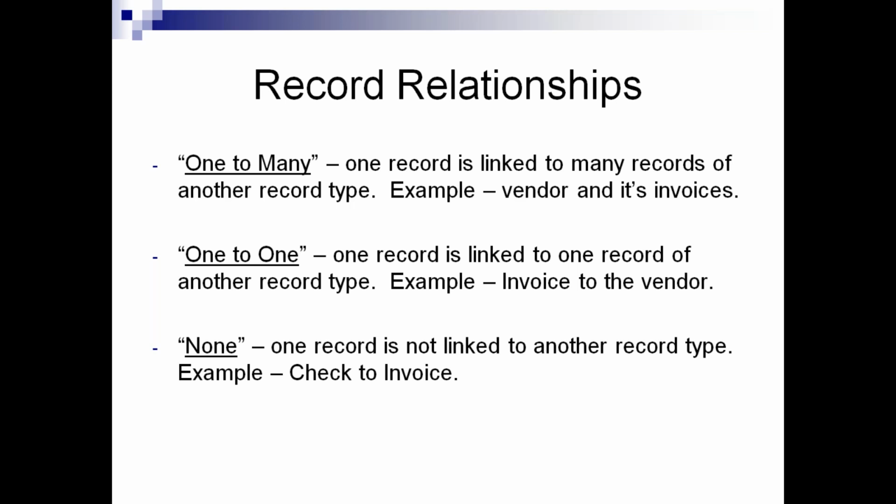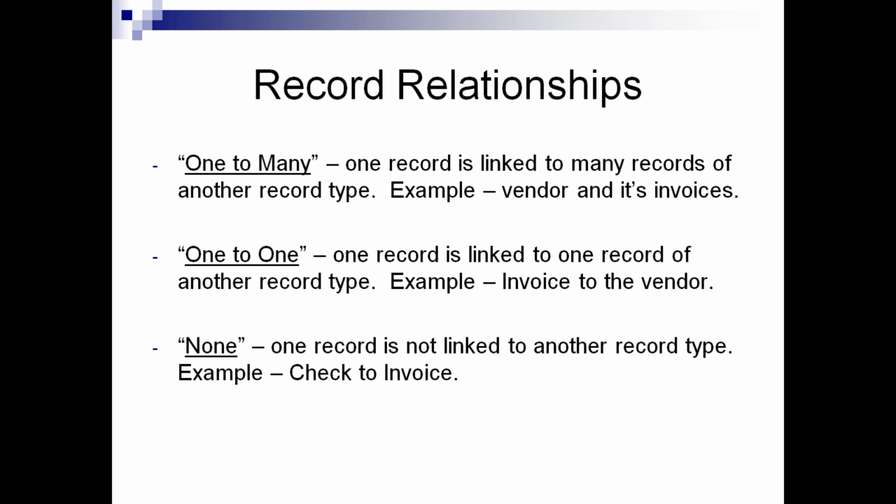Each invoice is only linked to one vendor. So you're not going to have an invoice that you receive that is going to be entered into two separate vendors. It's going to go into one vendor only.